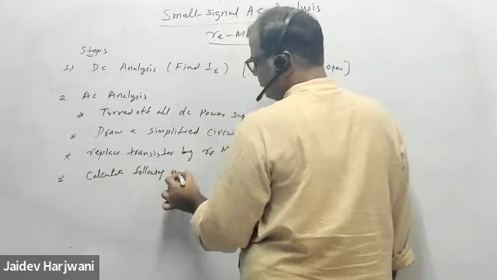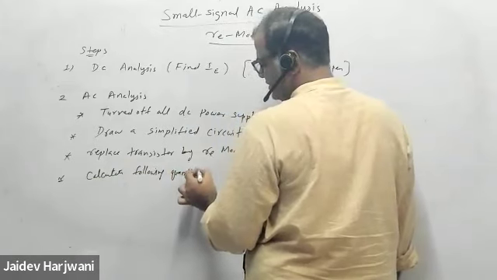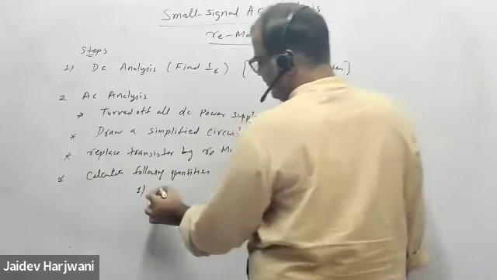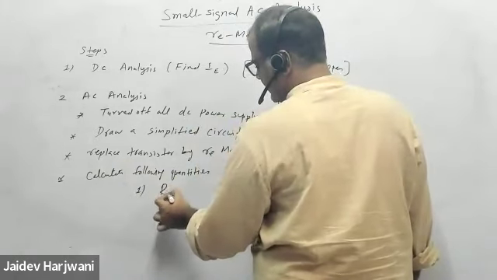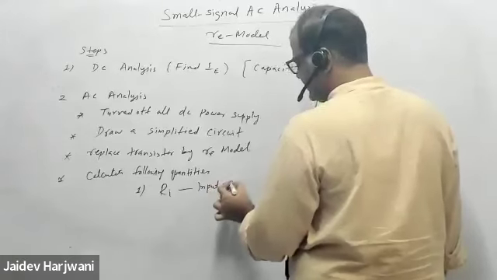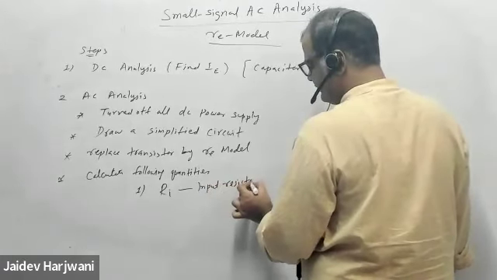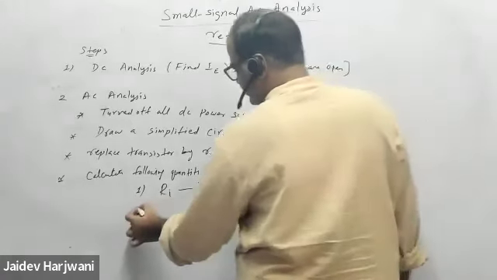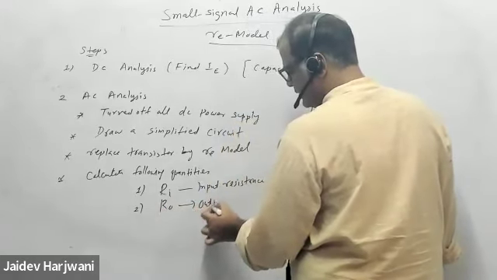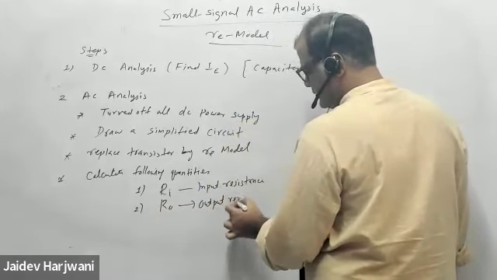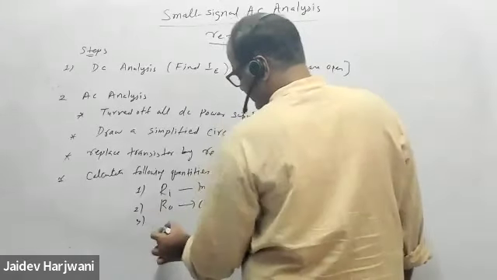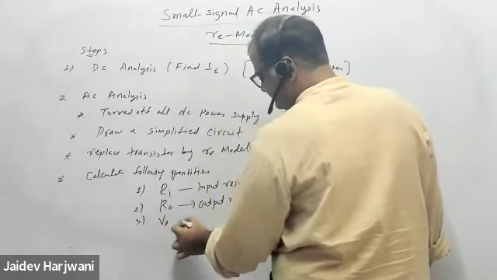In AC analysis, the following quantities: number 1, input resistance RI. Number 2, output resistance. Number 3, voltage gain.